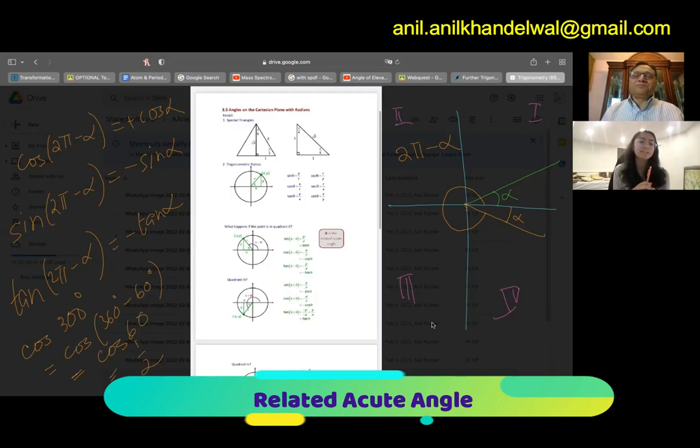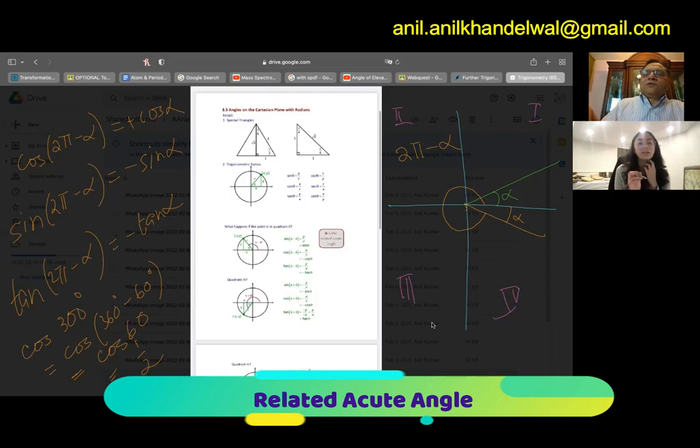Yeah, because 360 minus 300 is 60, and that's your related acute angle, and that's what you find as the value. Correct. So whatever angle is given to you, find the related acute angle and then do it. Also, when an angle is given to you, you know the quadrant. So the quadrant gives you the sign, and the related acute angle gives you the magnitude. Clear? Okay.